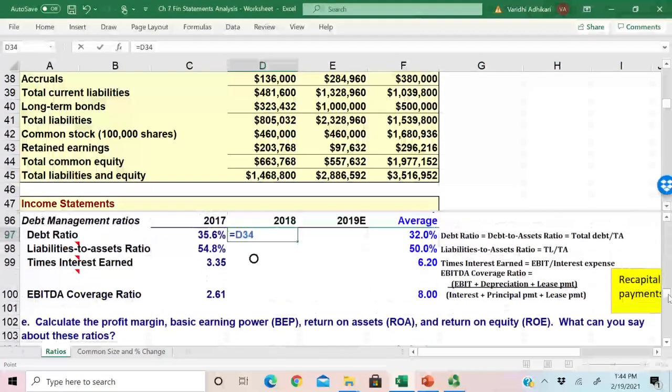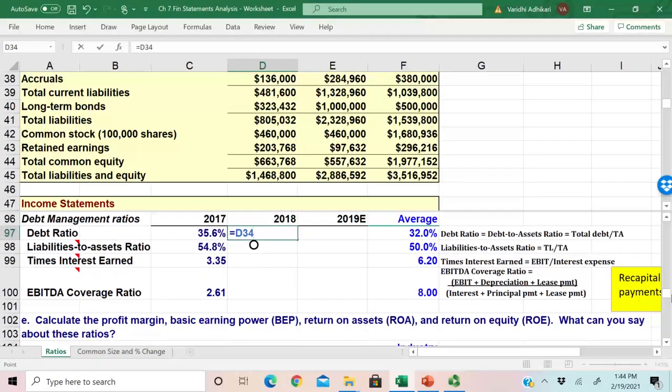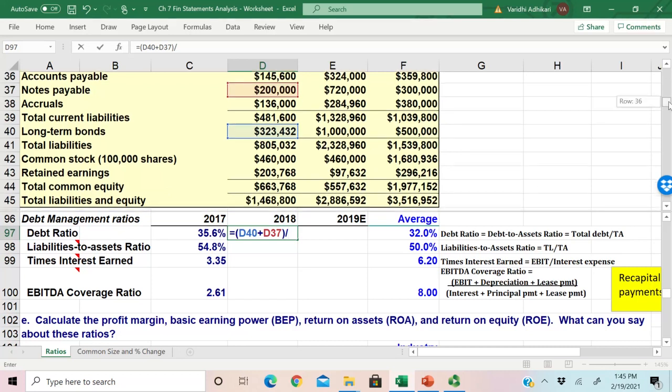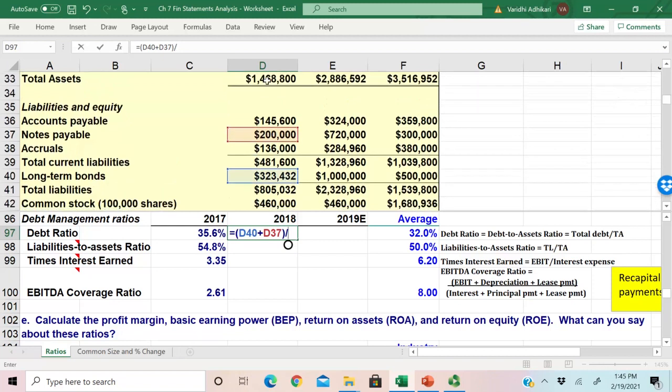So the total debt ratio for 2018 was: I add the long-term bonds plus notes payable and divide that by total assets. Total liabilities and equity versus total assets are the same thing, but let's use total assets here.